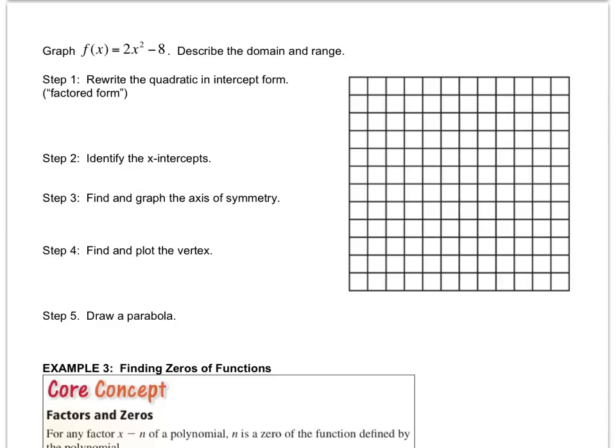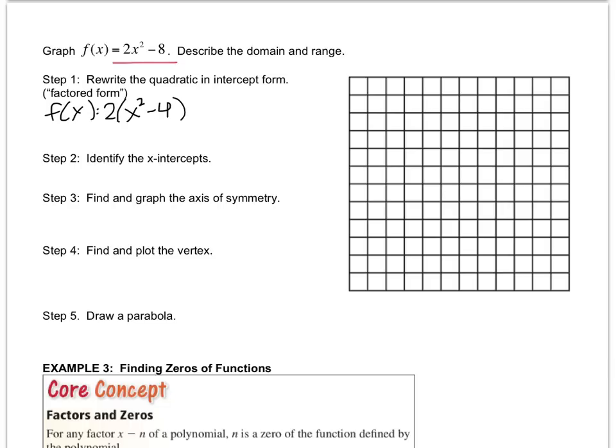If you want to graph using intercepts, you can do that even if something is not written in intercept form like this. What you would do is factor it, and then you have it in intercept form. So let's factor, and I recognize from chapter 7 that this is GCF factoring. So f of x equals 2 times (x squared minus 4).